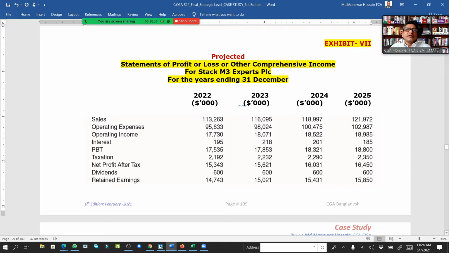So projected here is a statement of profit and loss and other comprehensive income for the years 22, 23, 24, 25. Here are sale volume, operating expense, the expected operating expense, operating income, interest, profit before tax, taxation, net profit after tax, dividend and retained earnings.